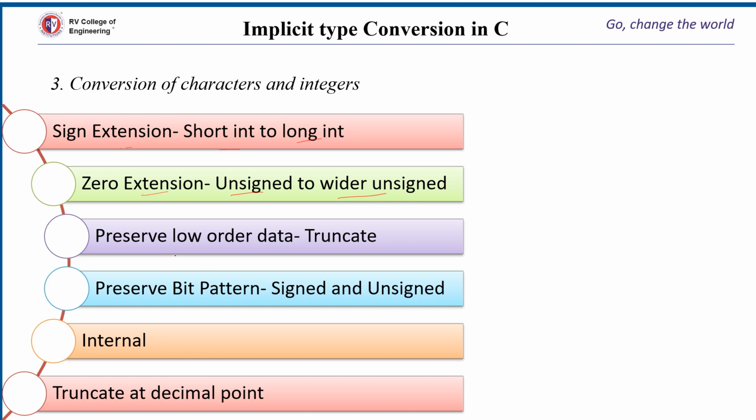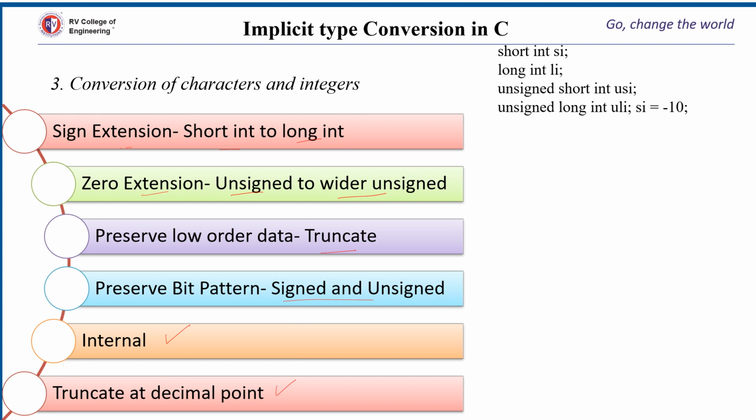Now whenever we have a lower data type, as we discussed previously in an assignment operator, there will be a truncation. There will be bit preservation when we deal with signed and unsigned numbers. There will also be hardware manipulation for internal conversion, and truncation at the decimal point for floating point numbers. We'll just have an example for this.